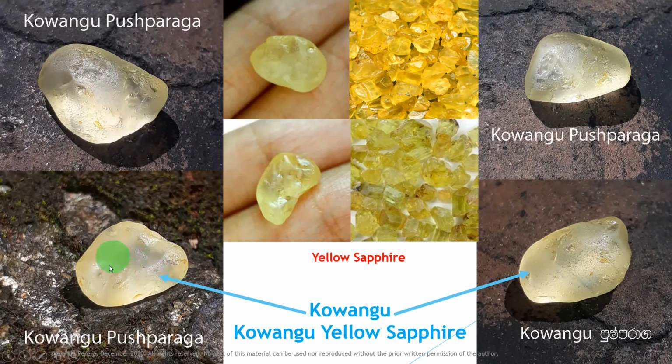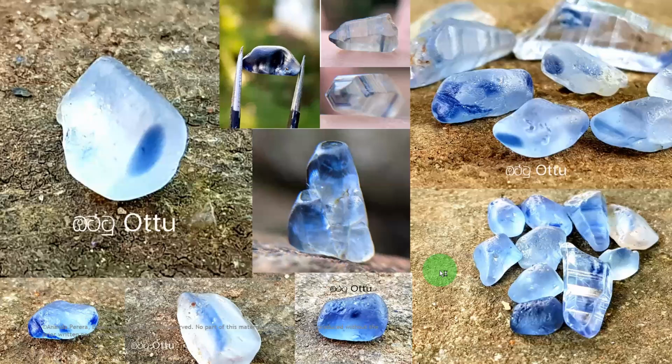So this sheen can be understood well. It is a little bit white sheen. And here also there is a sheen. So that is called Kowngu Pushparaga. We can burn this into good yellow color. So Kowngu Pushparaga or Kowngu Yellow sapphires are getting heat treatment to create the good color yellow sapphires.